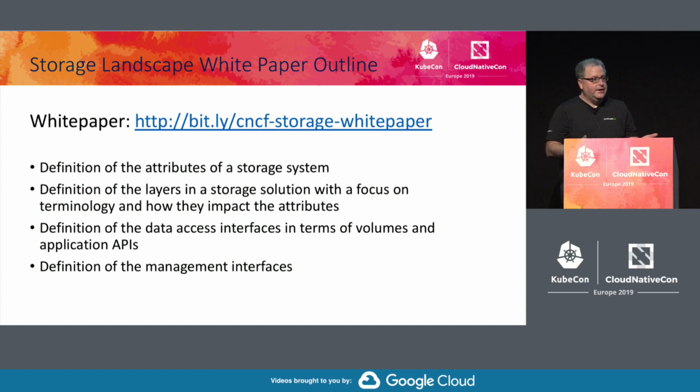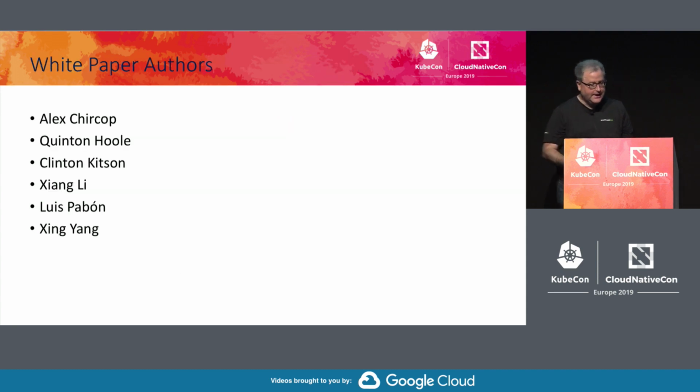More and more in cloud native environments, with such a rich offering of both cloud services and software and hardware offerings, we have a new paradigm coming where developers can understand the attributes of their environment and therefore choose a storage system or shape the storage system around the application's requirements. So effectively, this is empowering the developers to make some of these decisions, and that was the objective of the white paper.